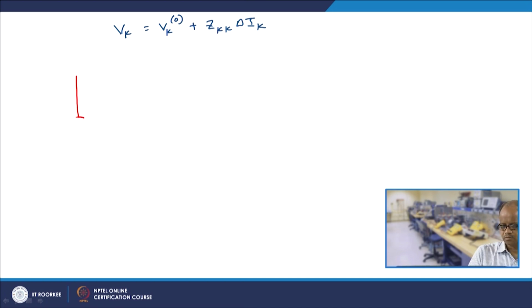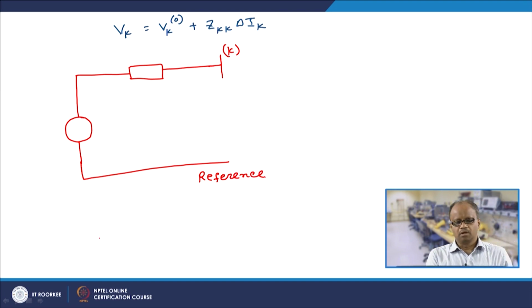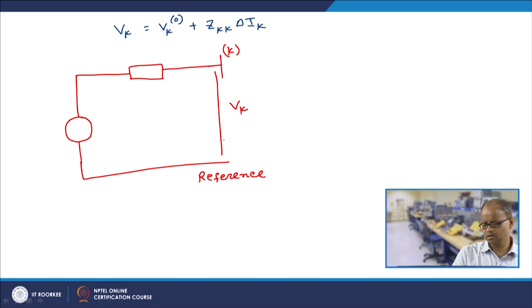We have got some source, some impedance, then this is bus k, this is the reference, and this is V k, this is V k naught, this is Z k k, and the current injected is delta I k.